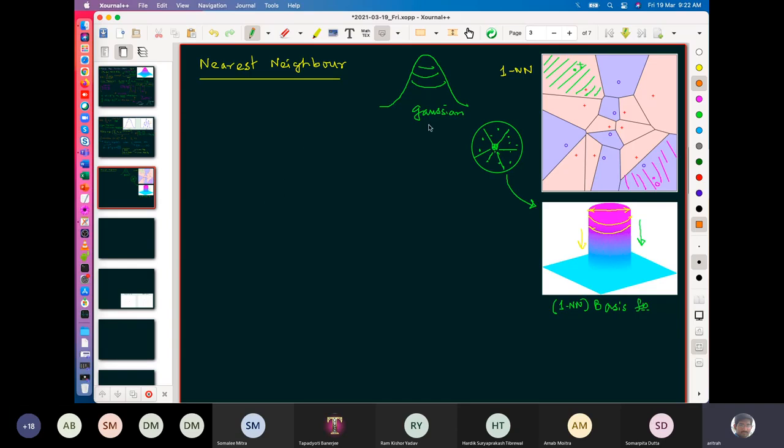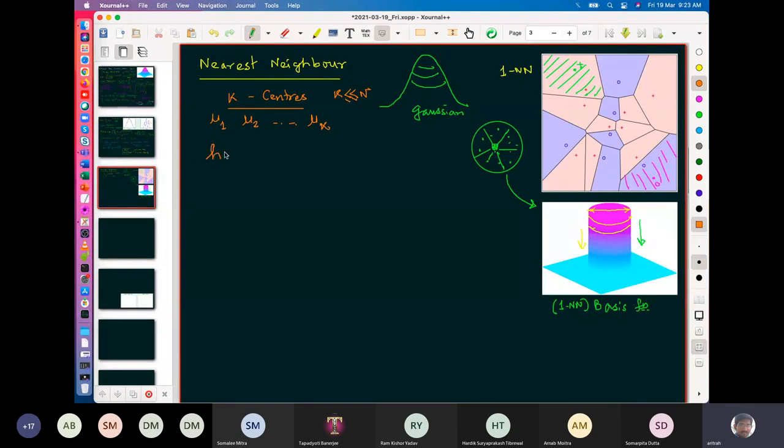Obviously, we have to choose k centers, where k is much smaller than n. Let us call the k centers mu1, mu2, up to mu k.